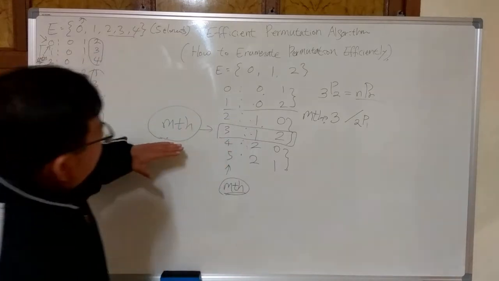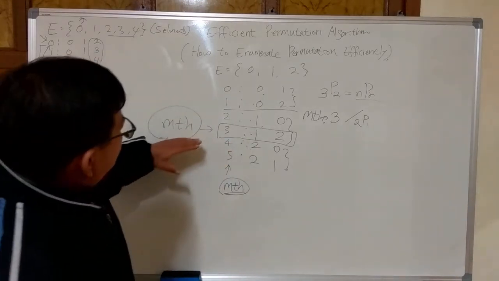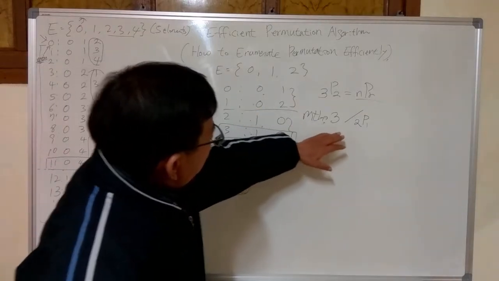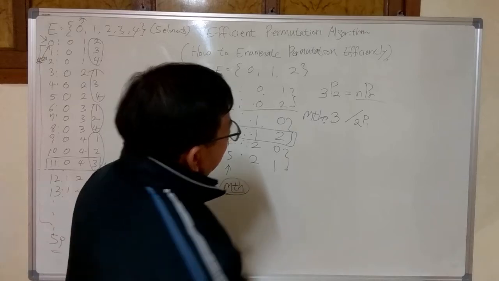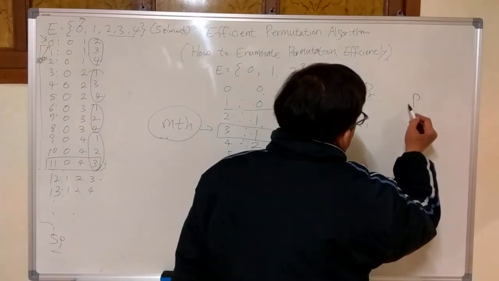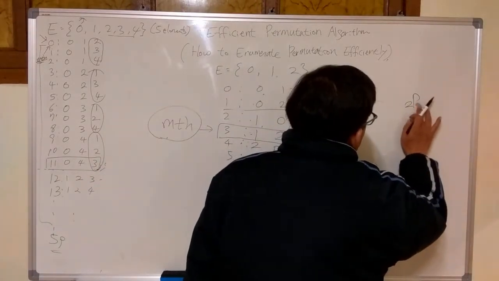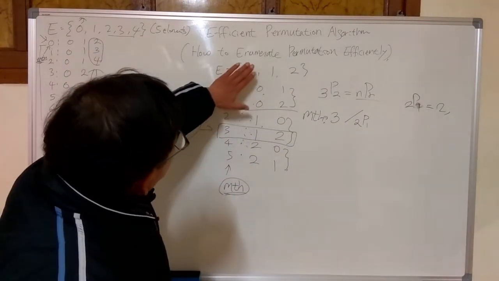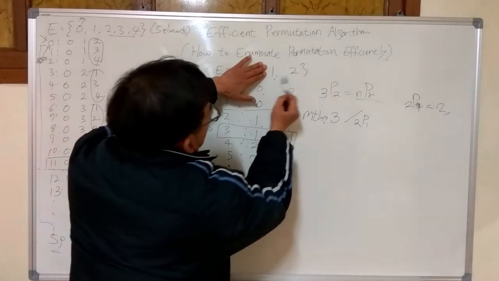For any number, if we are given m's, then we divide this number 3 with P(2,1). For P(2,1), P(2,1) is 2, because when we choose one number, then we have two elements.